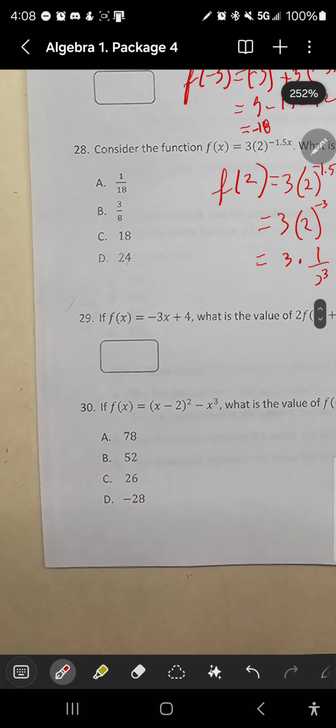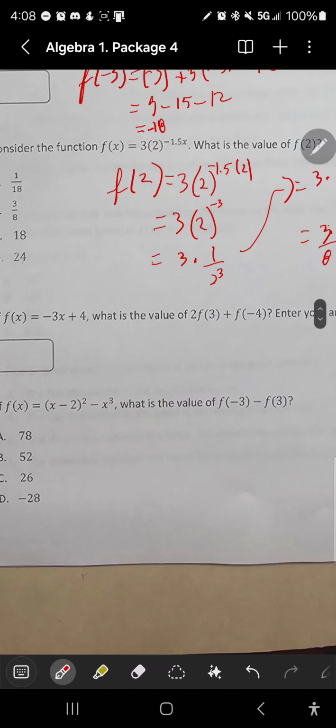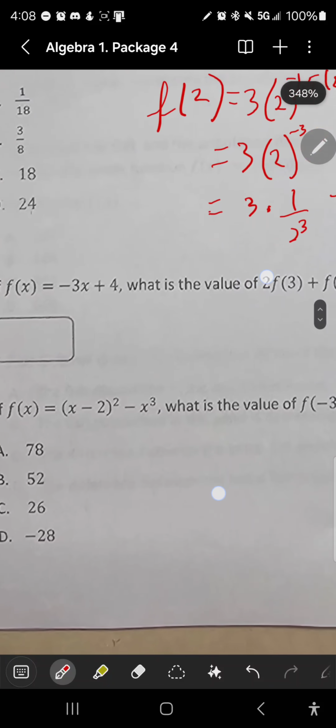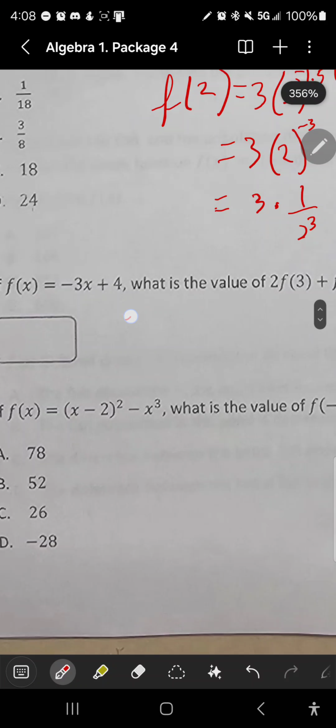And now let's just finish this page. So let's do 29. So f(x) equals negative 3x plus 4. What is the value of 2f(3) plus f(-4)? So let's do first f(3).